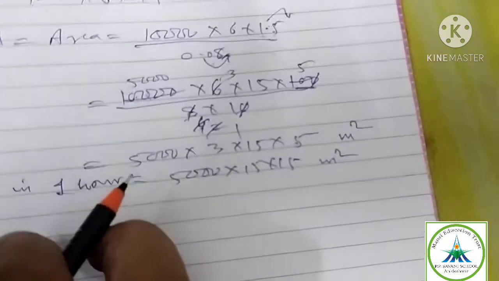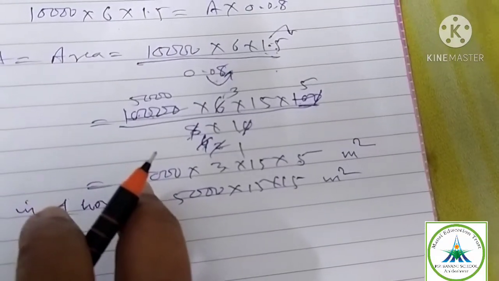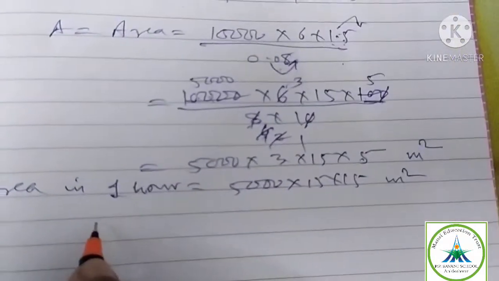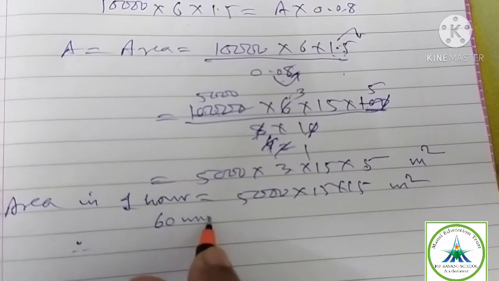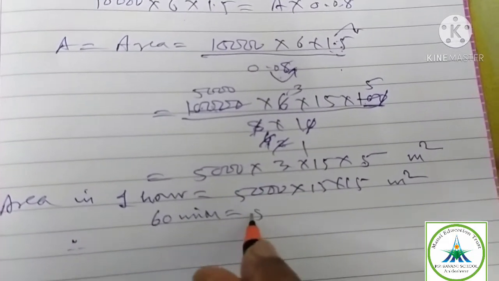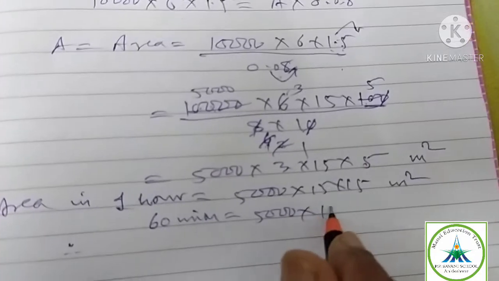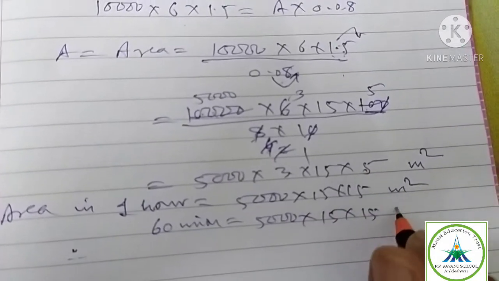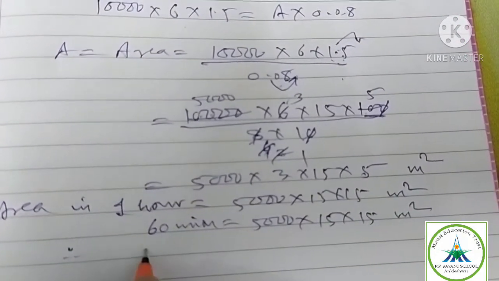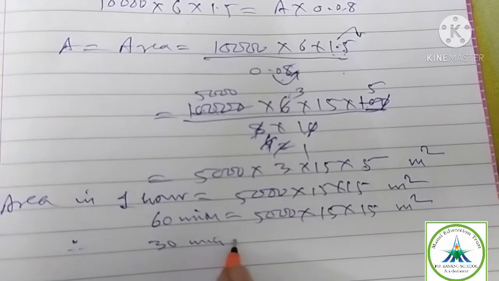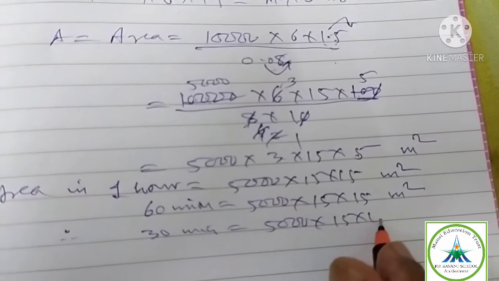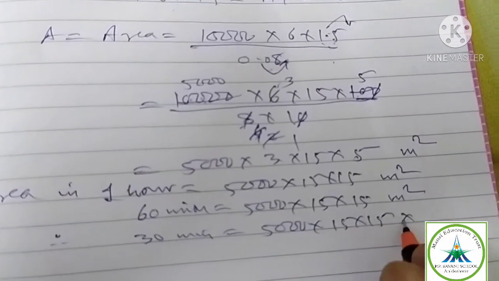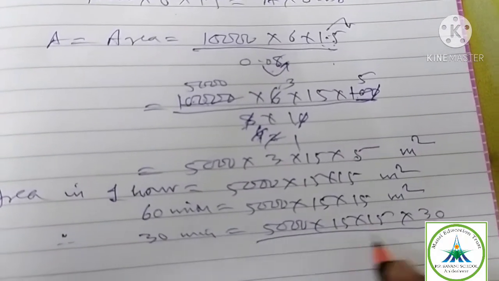They are asking us to find the area of water in 30 minutes. So 1 hour means we can take 60 minutes, equal to 5,000 multiplied by 15 multiplied by 15 square meter. So 30 minutes equals 5,000 multiplied by 15 multiplied by 15 multiplied by 30 upon 60.